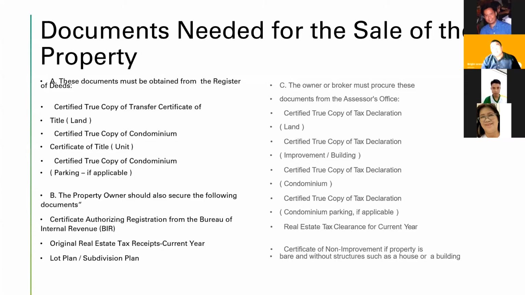Then letter C, the owner or broker must procure these documents to the office. Certified true copy of tax declaration on building or improvement, certified true copy of tax declaration.